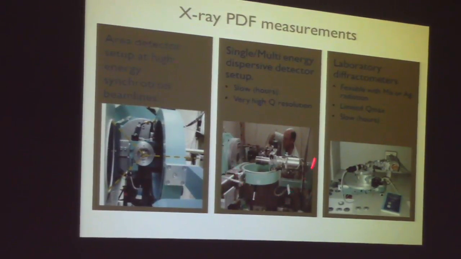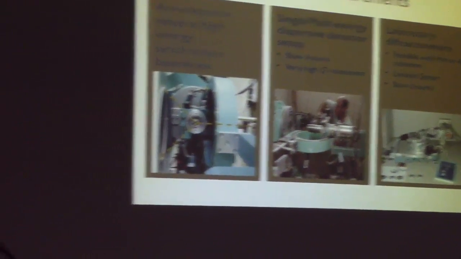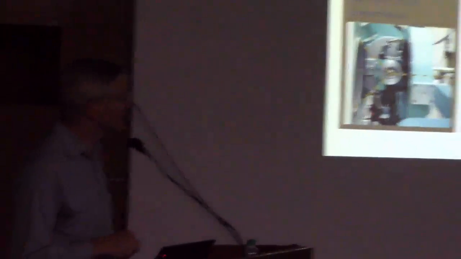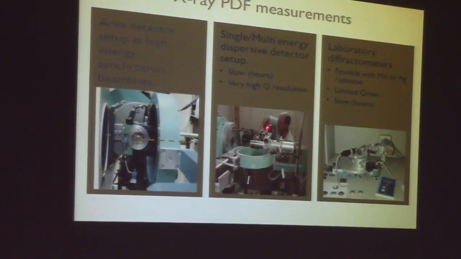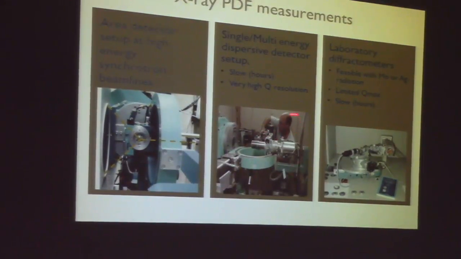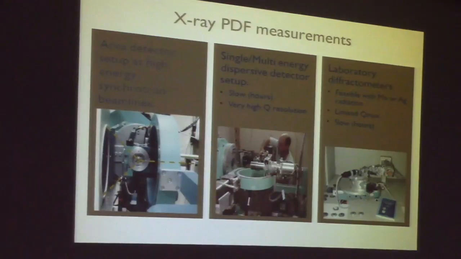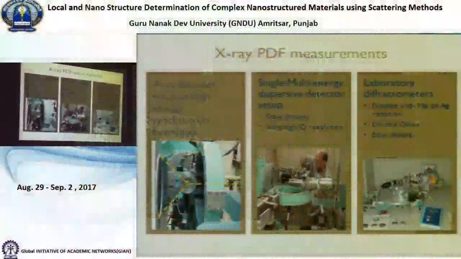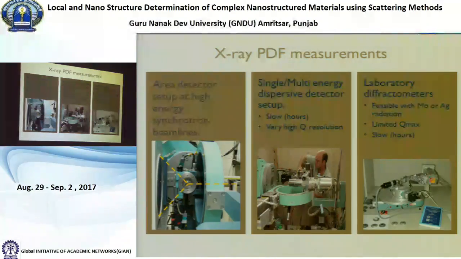Now, this is also using a synchrotron and a high energy source, but this modality is one where we have a point detector that we move as a function of angle. This is Stefan Kycia, who used to work at CHESS. He's in Canada now as a professor. Together, myself and Stefan, we did the first very high Q X-ray measurements.